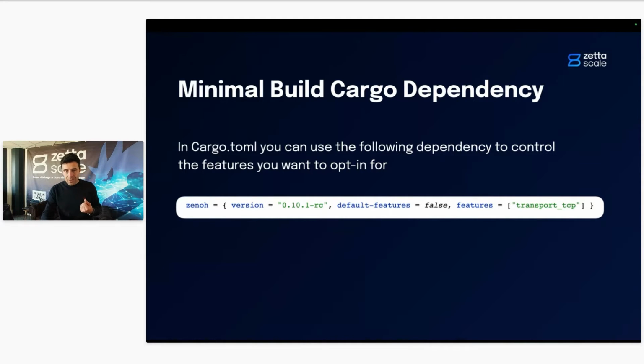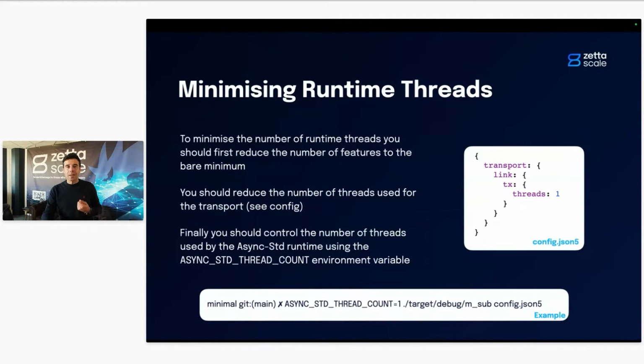And sometimes, if you're building a minimal version of Zeno, it is also because you want to minimize the number of runtime threads. And once again, you saw in the example from last week that in Zeno you can use synchronous or asynchronous API. In spite of the API that you're using, under the hood for I/O, we are still using asynchronous Rust. Why?